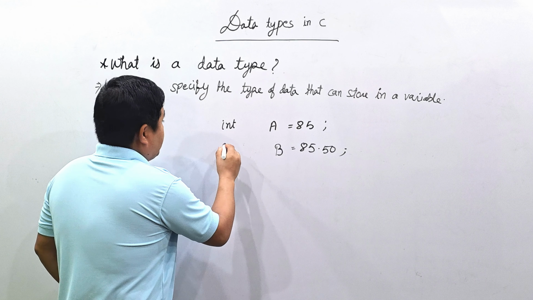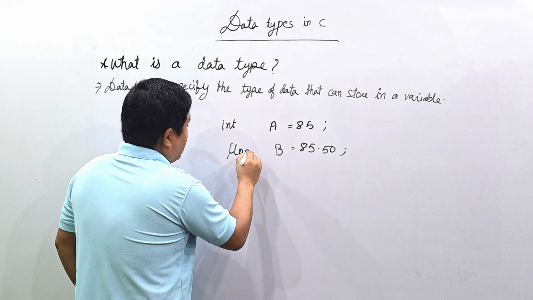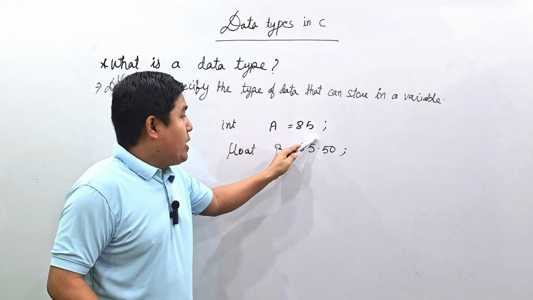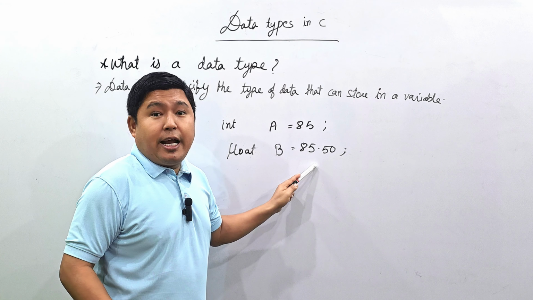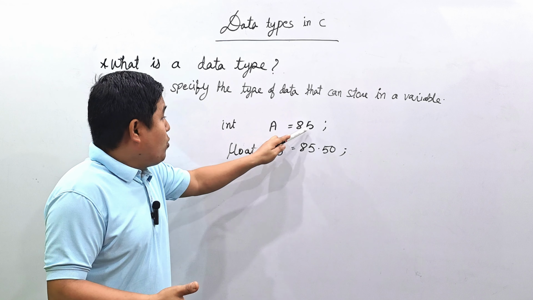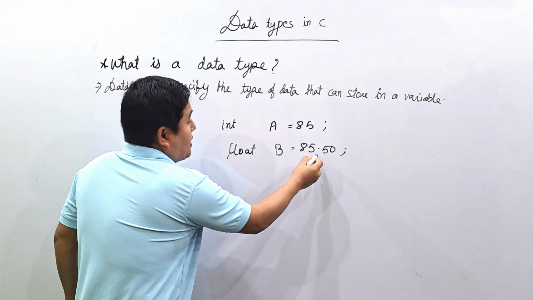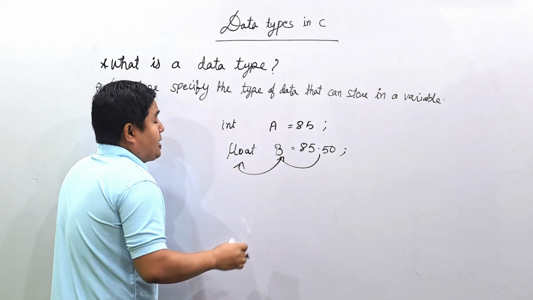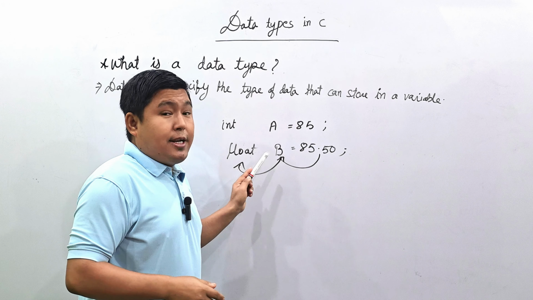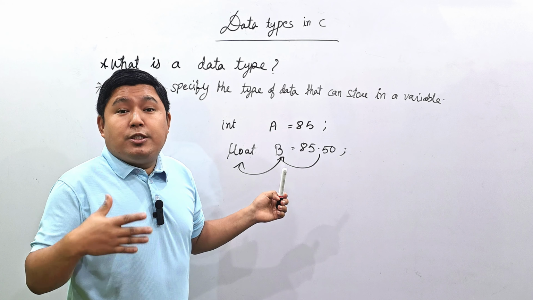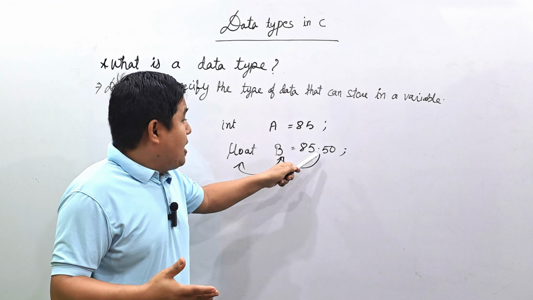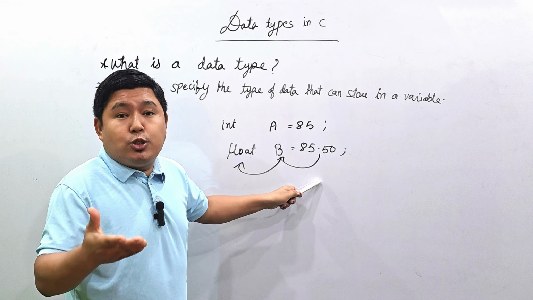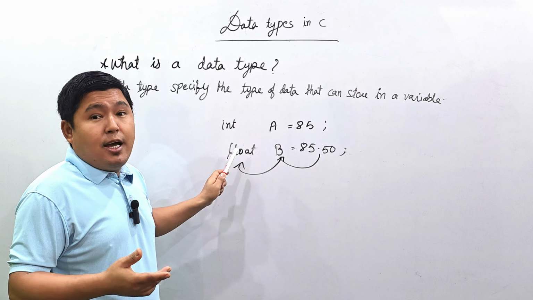Float. So look here, each data type stores different data. That means what kind of data can be stored in a variable decides the data type. In a simple way, data type means specifying the different types of data in a variable.